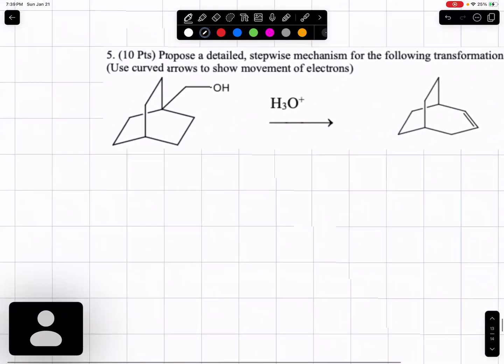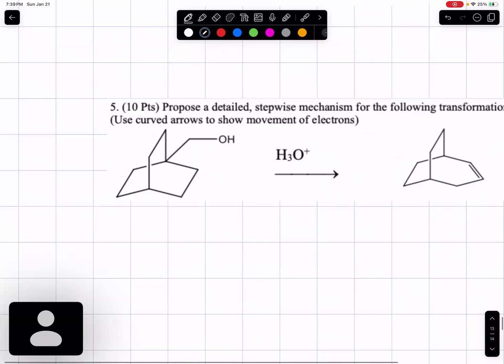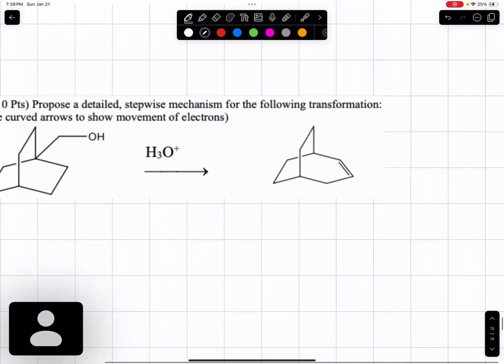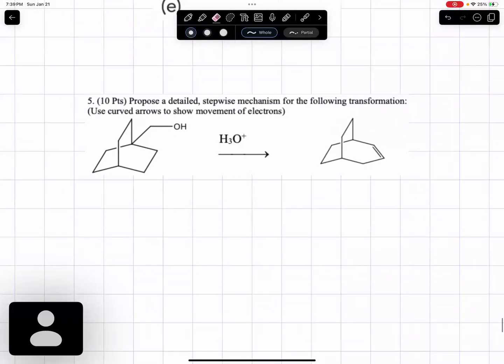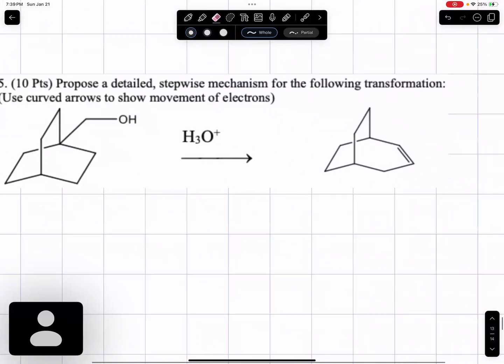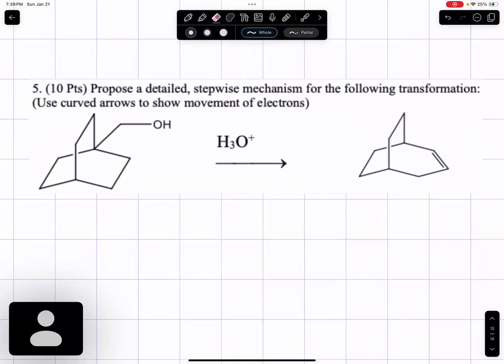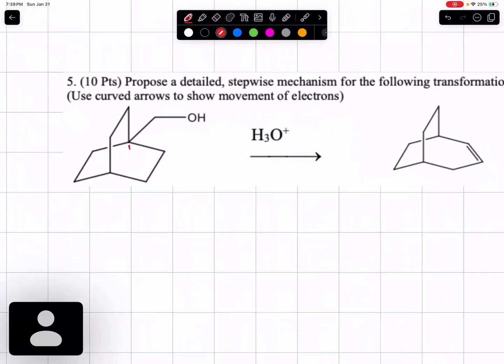In this case, we notice that the OH group is leaving, and somehow an alkene is appearing here. So the OH group is leaving and an alkene is forming. What do you think is going on? Are we getting rid of any carbons? Let's make sure we're not. We have 1, 2, 3, 4, 5, 6, 7, 8, 9 carbons.